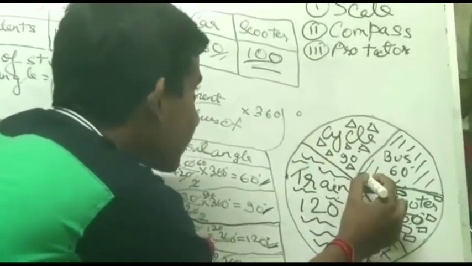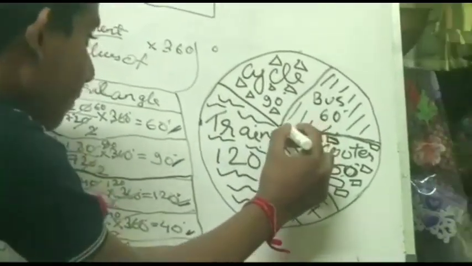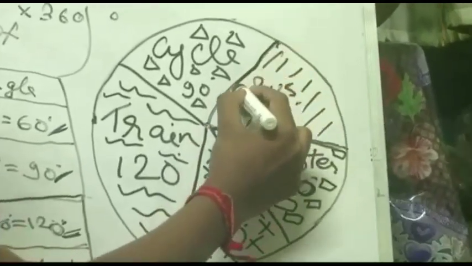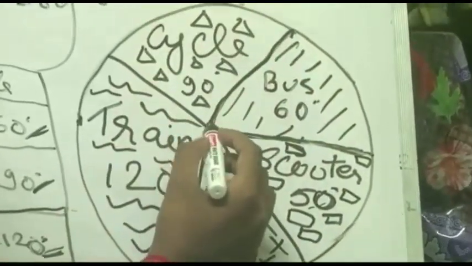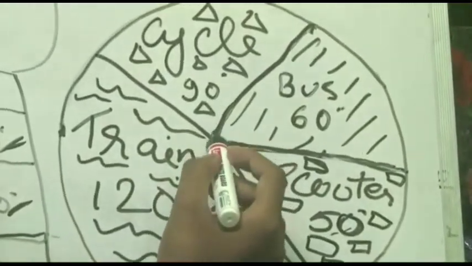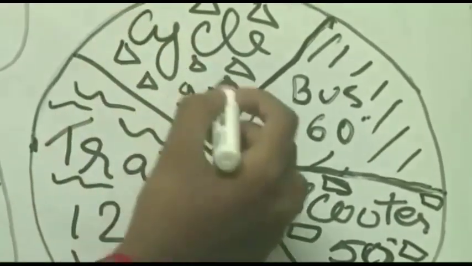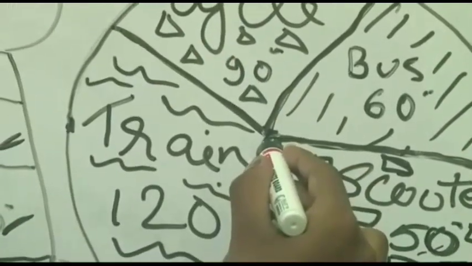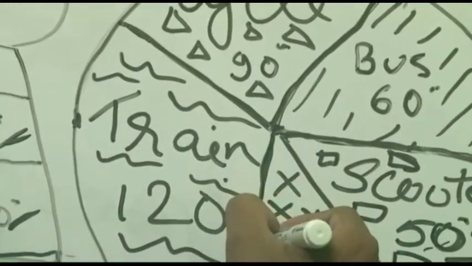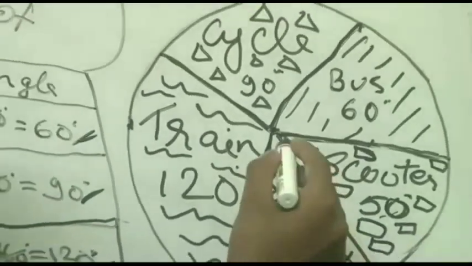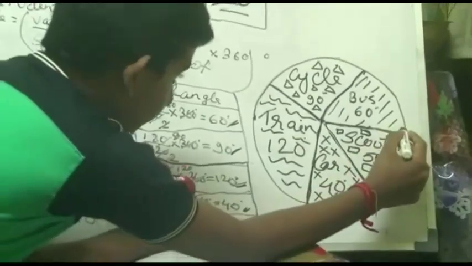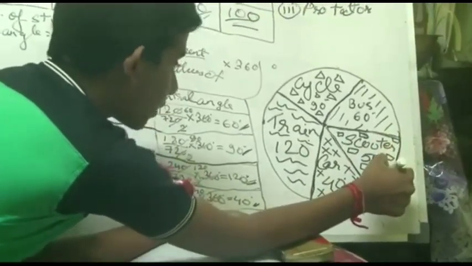We put the protractor and draw 60 degree first. Then we draw 90 degree, then 120 degree with the protractor. Fourth and fifth we have drawn 40 degree and 50 degree with the protractor only.